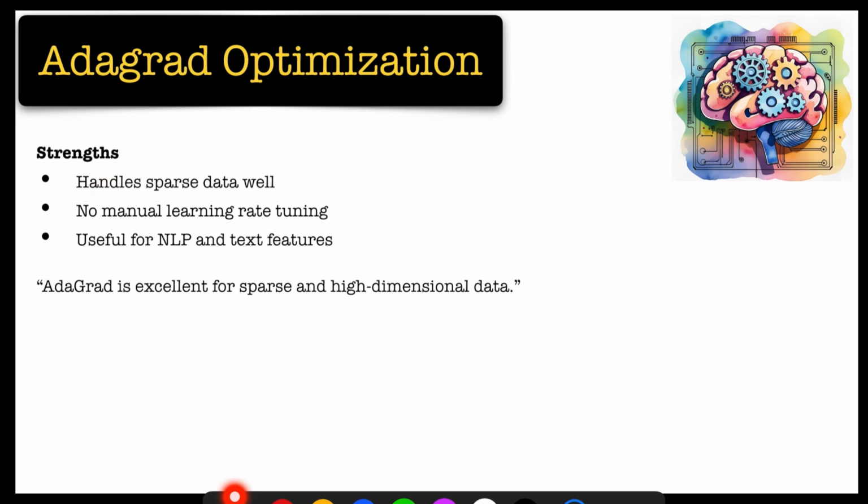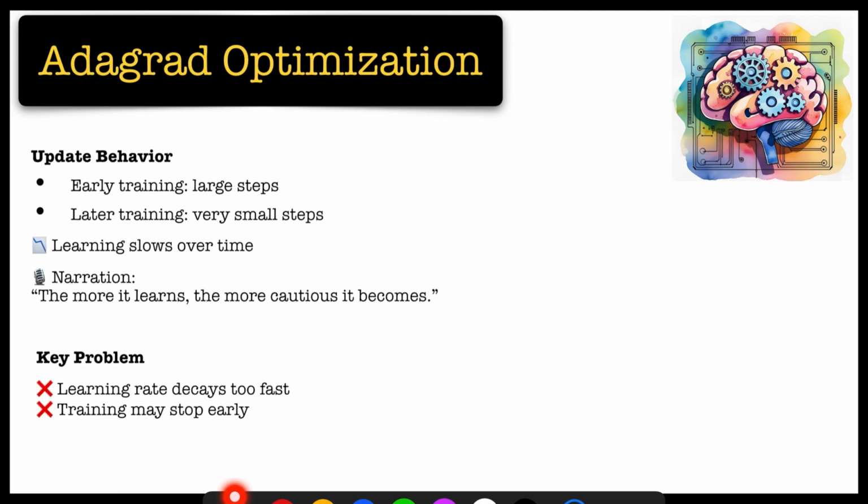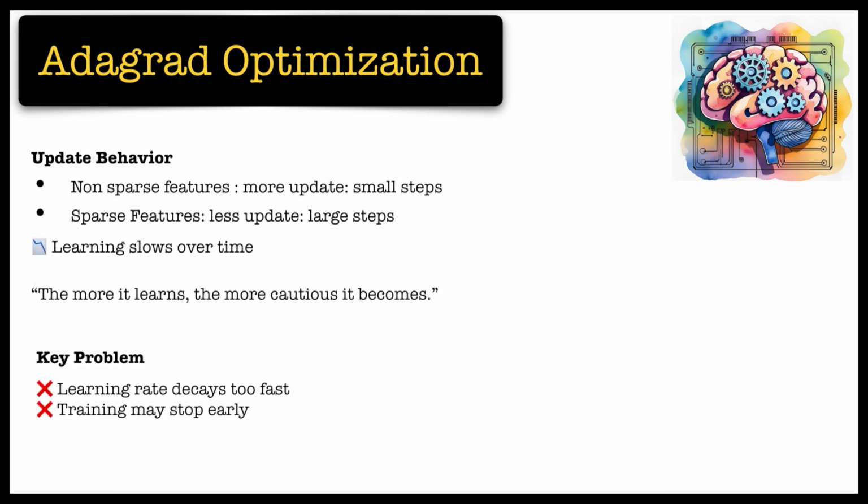The strength is that it handles sparse data very well. No manual learning rate tuning. Automatically we have multiple learning rates for multiple features, and it is useful for NLP and text features. AdaGrad is excellent for sparse and high-dimensional data.